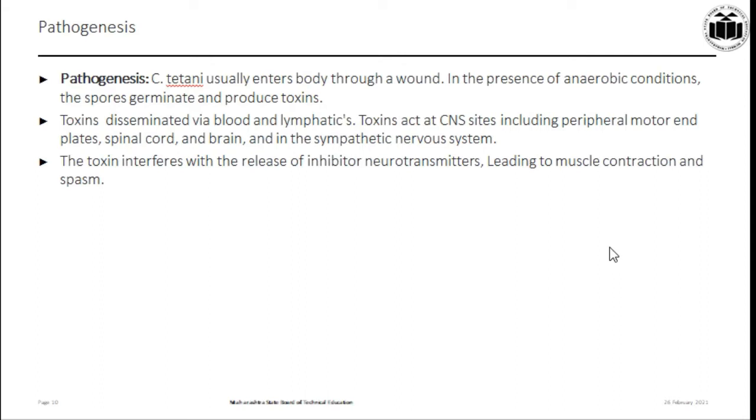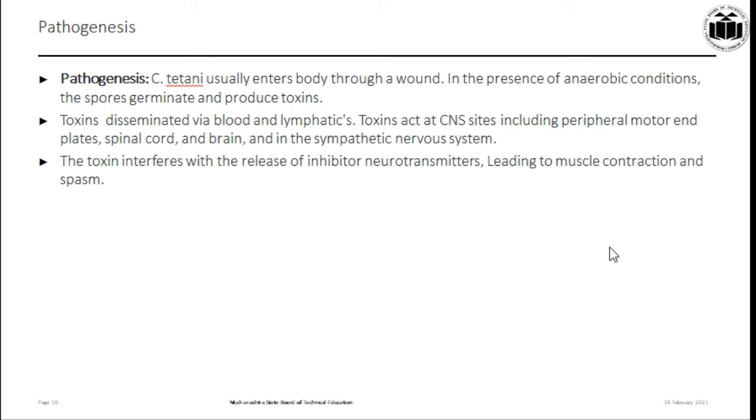When the skin is ruptured, the spores of this bacteria enter inside the wound, and they germinate from the spores in anaerobic condition, and they produce the toxin.